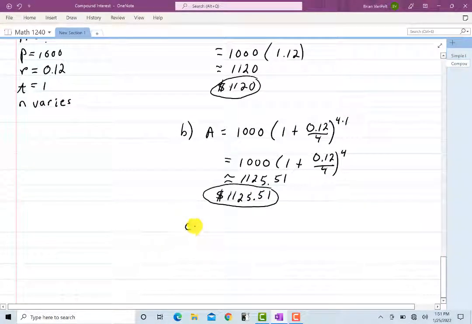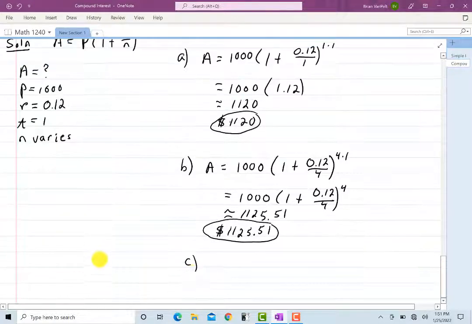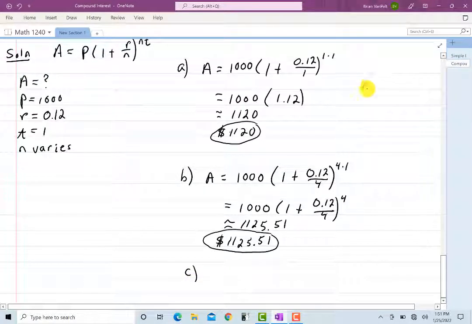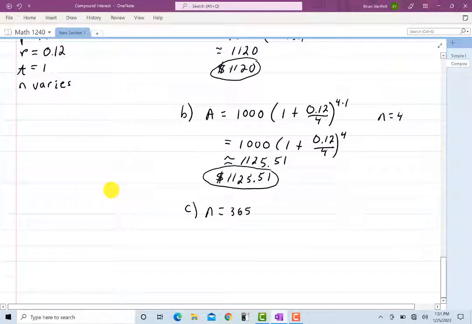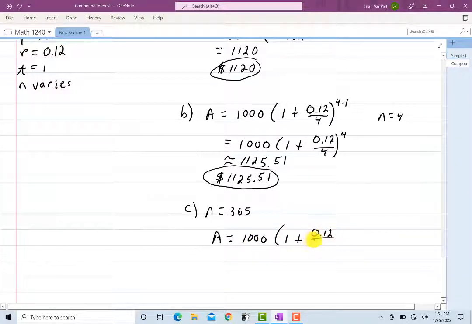Now, what is probably the most usual case, before I finish here, let me do this. N equals 1, N equals 4, and for C, N will equal 365 because we're doing it daily. This is the most usual case nowadays. Everything is computed daily. Any interest that you have to pay is computed daily. The amount here, then, we're going to get 1,000 times 1 plus 0.12 divided by 365 to the 365 times 1.